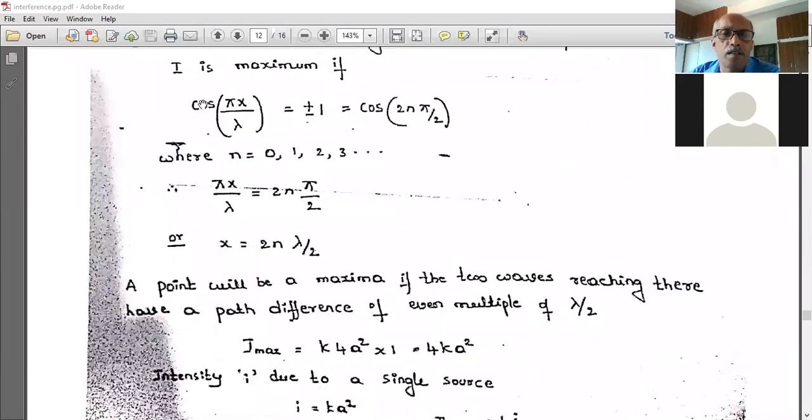Therefore, cancelling the cos terms on both sides, we get pi x by lambda equals 2n pi by 2, or x is equal to 2n lambda by 2, as pi gets cancelled.